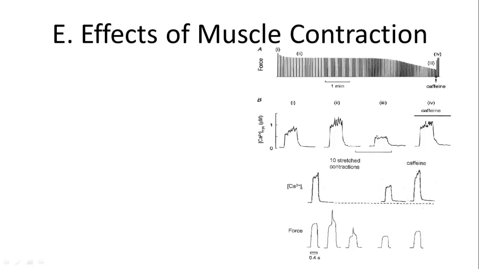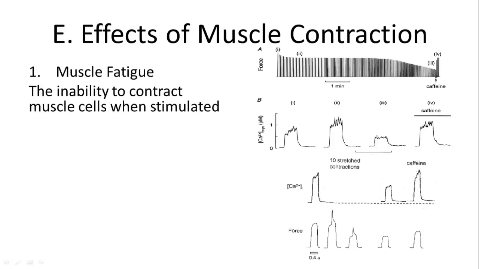Over time, though, you're going to cause what's called muscle fatigue, which is the inability to contract muscles even though you want them to, and that appears to be because of ionic imbalances. At some point, the phosphorus, sodium, calcium, potassium, which are important for regulating the resting potential, just can't get back to normal. You can't flex those muscles anymore.